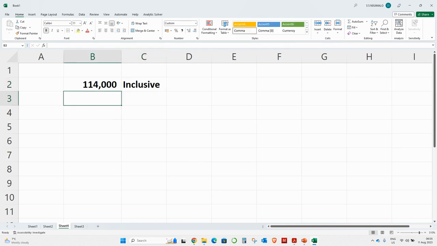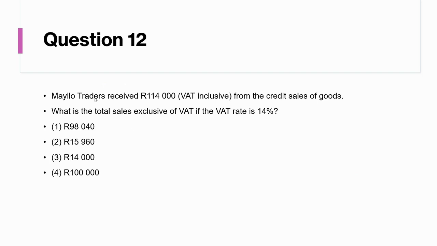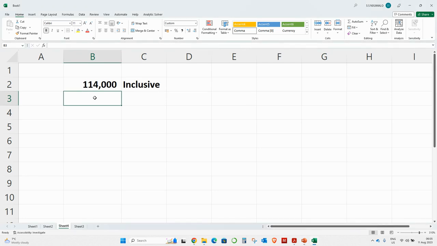If you want an amount excluding VAT, because they said it's 14%, you take the amount that is including VAT, you times it by 100 and divide it by 114. Basically 114 is 100 plus the 14 that they've given you. Then you'll get an amount excluding VAT.